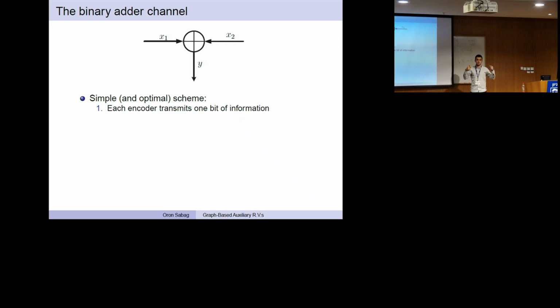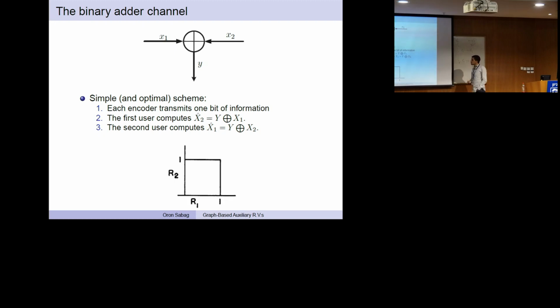For example, at time 1, X1 just transmits one bit from the message, the same for X2, and at each time, both of the users can decode a bit of the other user by XORing the channel output with your own transmitted channel input.